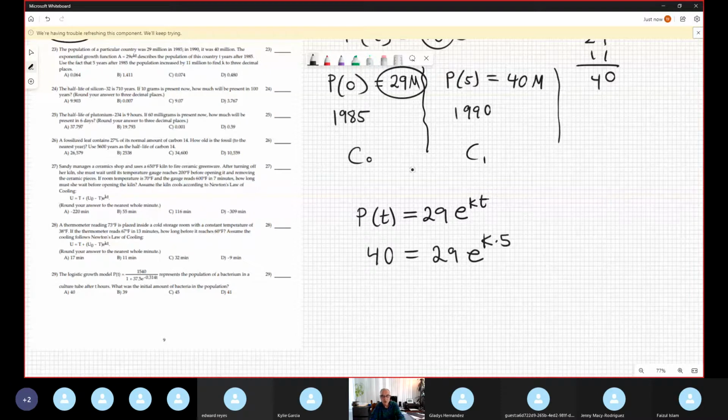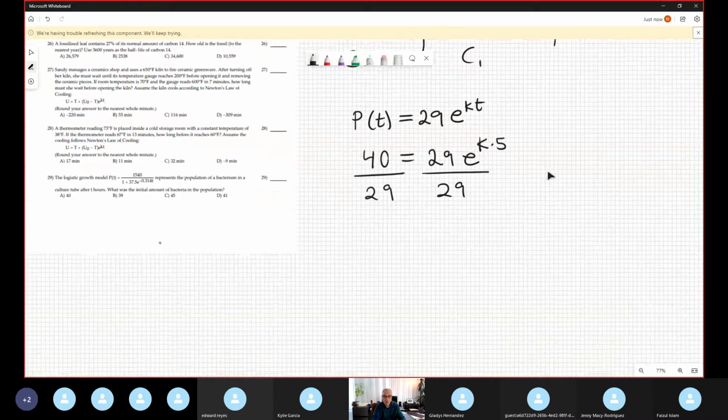The only unknown that we have in that problem is K. So for K, divide by 29 both sides. We have 40 divided by 29 equal to e to the 5K.